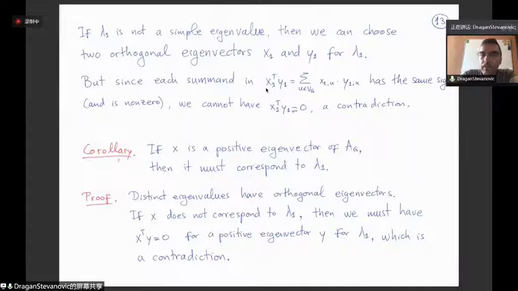In any case, each term of the sum in their scalar product will have the same sign. And not only the same sign, each of the terms here is non-zero. So actually this scalar product will be either positive or negative. It can never be equal to zero, and yet for two orthogonal eigenvectors it must be zero. So this is a contradiction, which means that we cannot have two independent eigenvectors for lambda1. So if a graph is connected, lambda1 must be a simple eigenvalue.